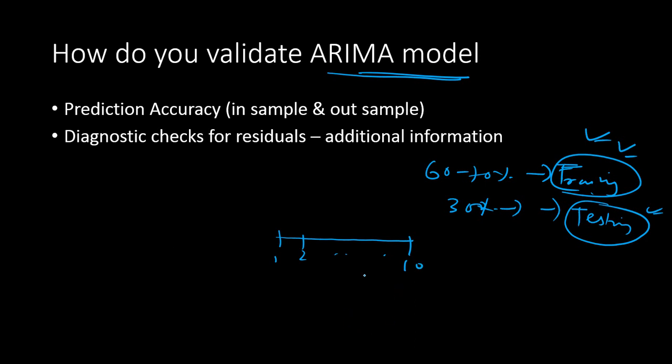Now you might wonder, maybe I'll take 6 periods in the training data and 4 periods in the test data. That means, let's say you choose period 1 in the training, and then period 3, and then period 6. That you can't do. Remember, time series data has to be uniform.